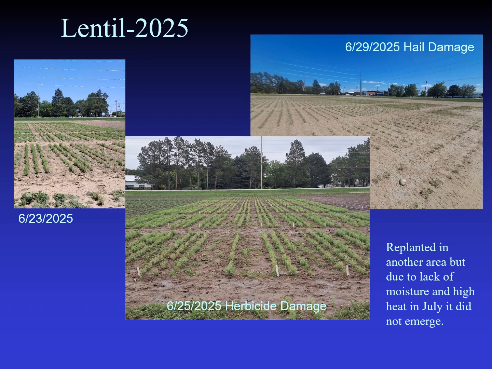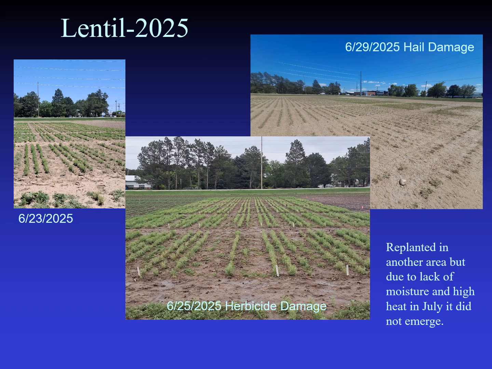Lentils. This is a new thing, and this is what we have in a new USDA proposed study. What we started doing in 2025 is going ahead and planting, and we had a really good stand coming up.